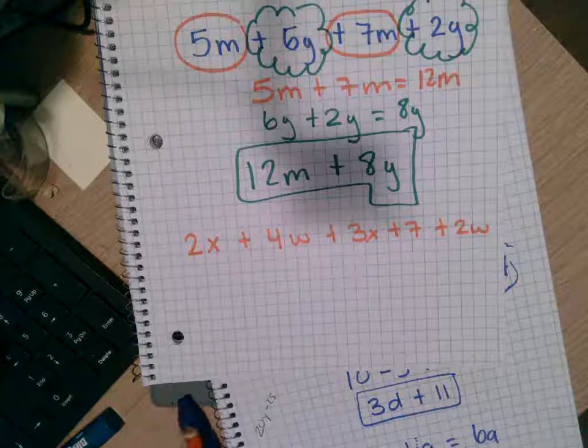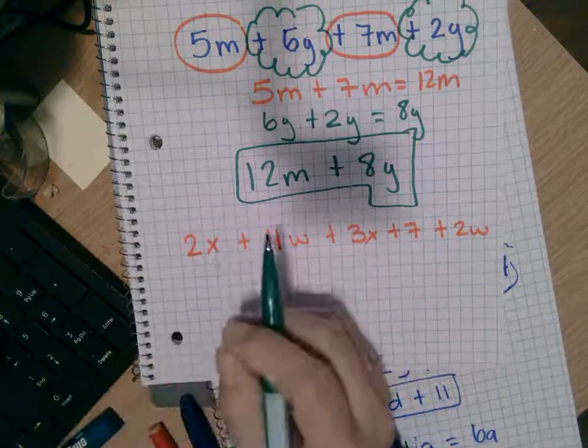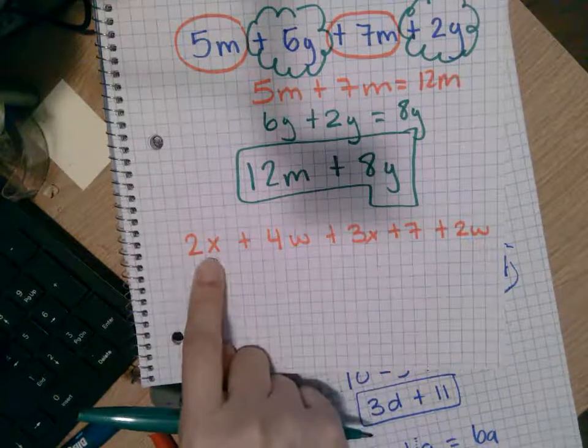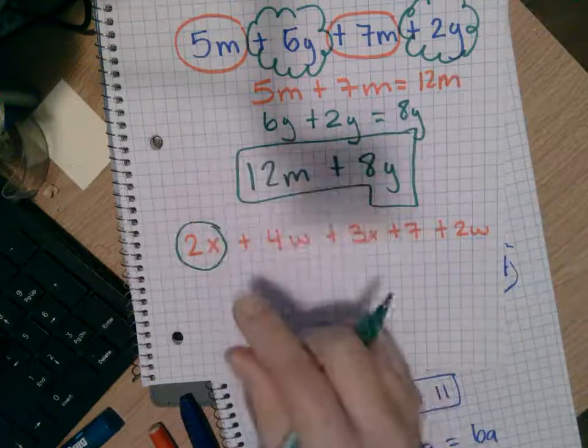All right, so I'm going to circle, like I always start with the very first one. The very first one has an x. Cool. So that's the one that gets circled.